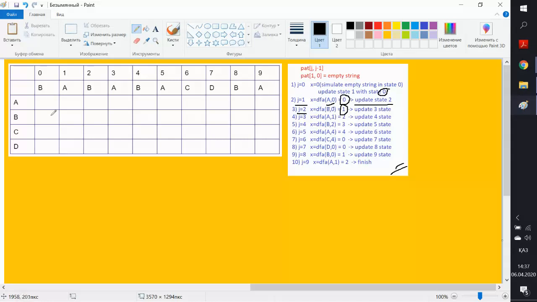Here we have such a thing: for the first zero state, all the values are supposed to be zero.